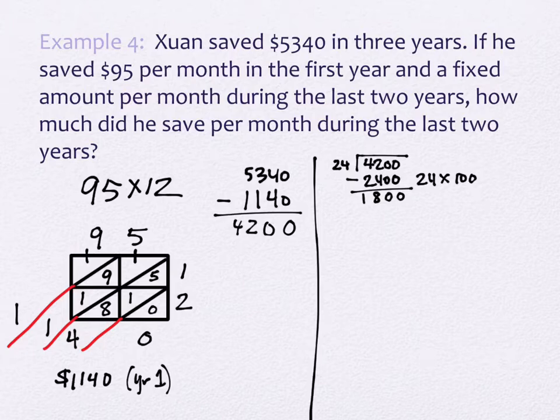Can I subtract 2,400 again? No. So now I am back down to subtracting the 24 times 10s. So far I did 100, now I'm at times 10s. And we're going to keep subtracting 240 every time we can until it's too small to subtract from again. So 0, 6, 1560.